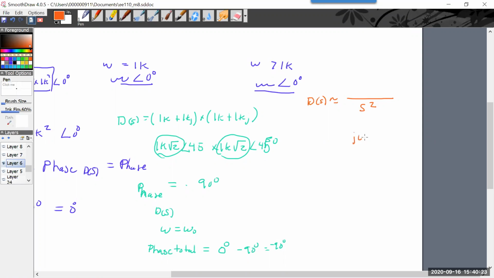So that's really j omega times j omega, which is omega at 90 degrees times omega at 90 degrees. Again, we don't really care about the magnitudes at this point. So the phase of the denominator is 180, and the total phase is minus 180.